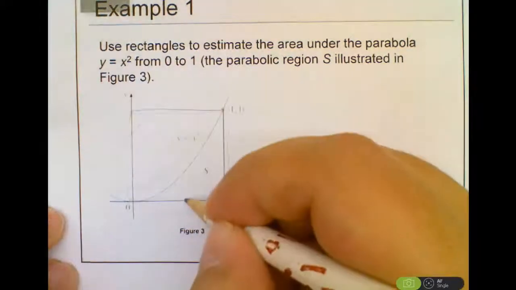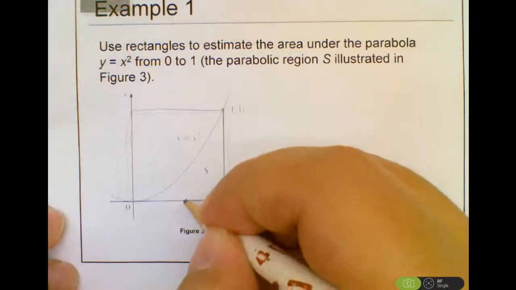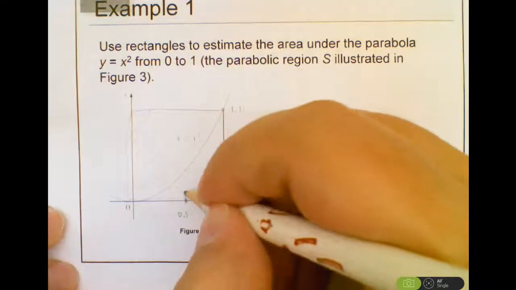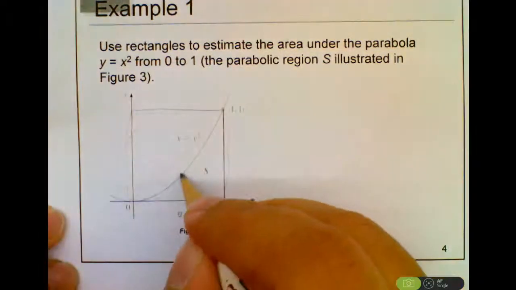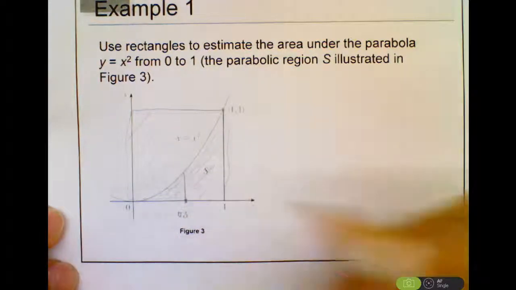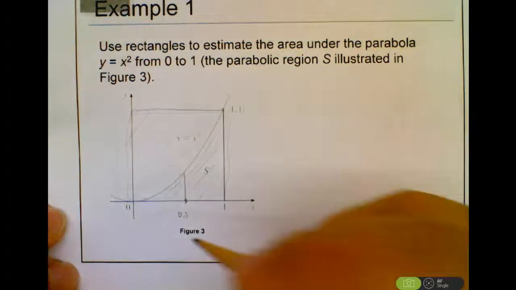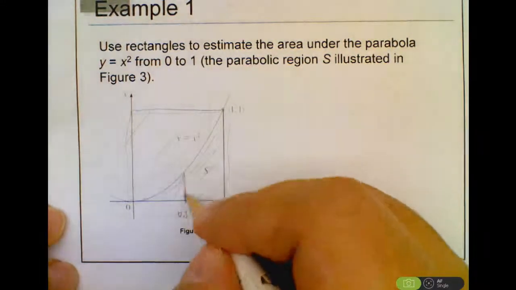Now we could do 2, at 0.5. So I'm trying to approximate this area plus this area using 2 rectangles. So the question now is, will my rectangles have this as height?